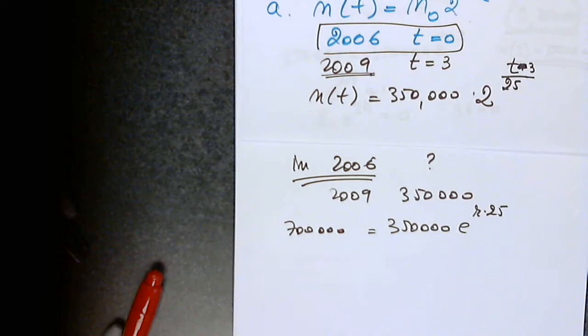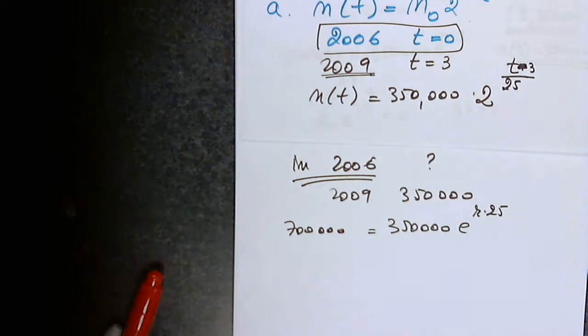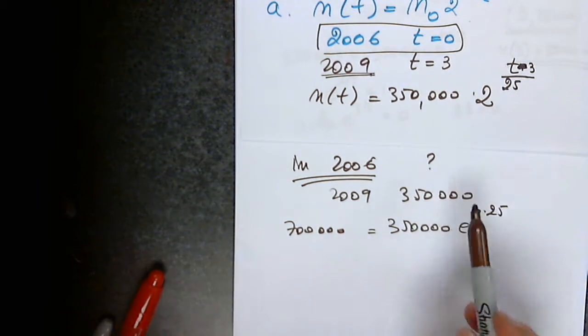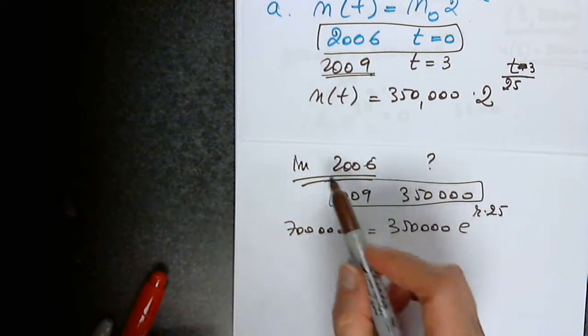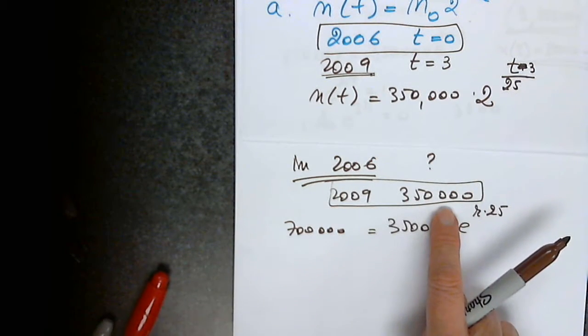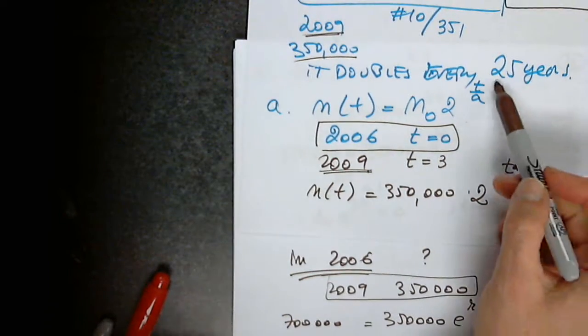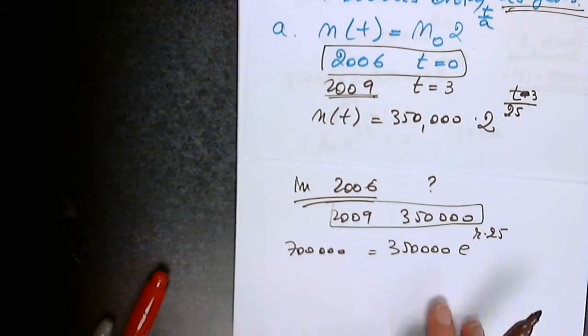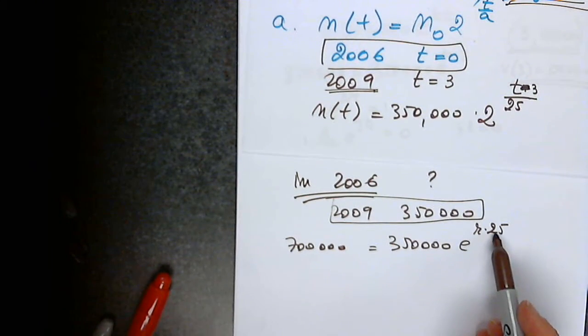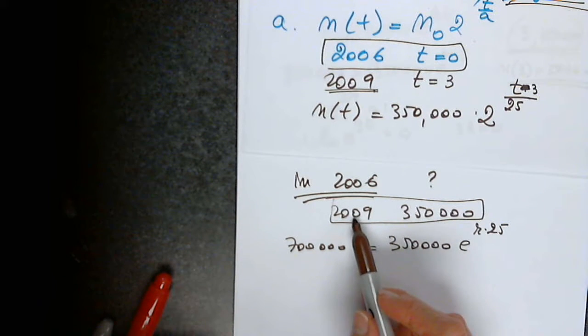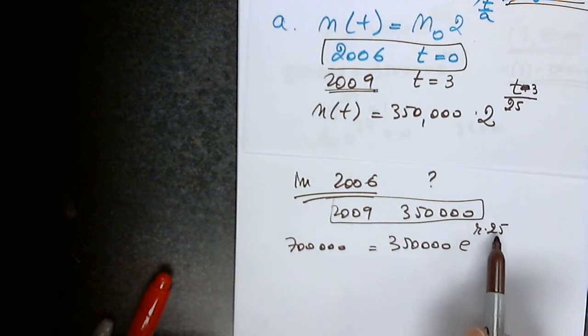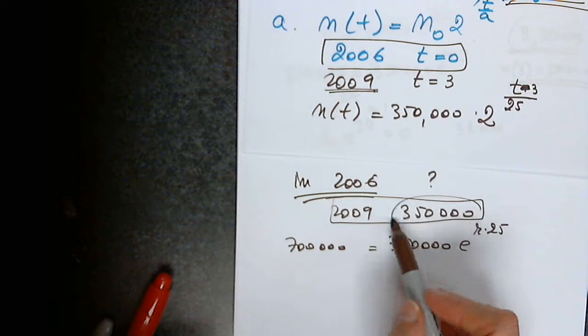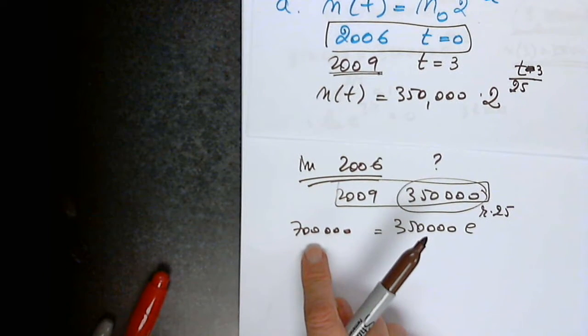It's the only way of determining the rate. So in 2009, the population was 350,000. We know that it doubles every 25 years. So 25 years after 2009, this population will be doubled.